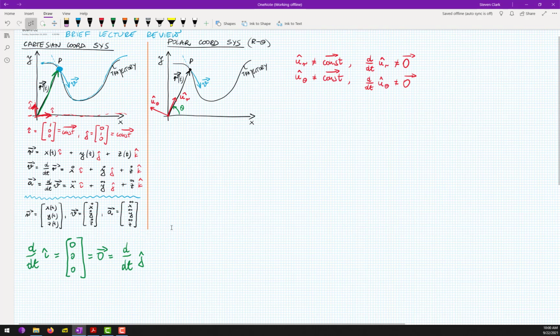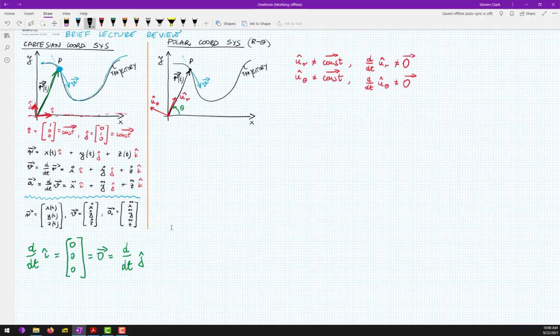You saw yesterday in the lecture why it is important, but I'm going to repeat it quickly today. Because they are constant, it's so easy to express those vectors when we use the Cartesian coordinate system.